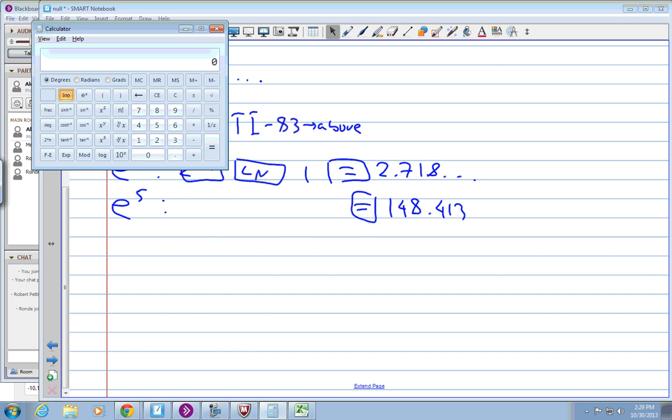So if I hit that, e to the x appears. Well, we'll talk about that later. So that's e to the power 1 on my calculator. If I want to do e to the power 5, I'll get that.